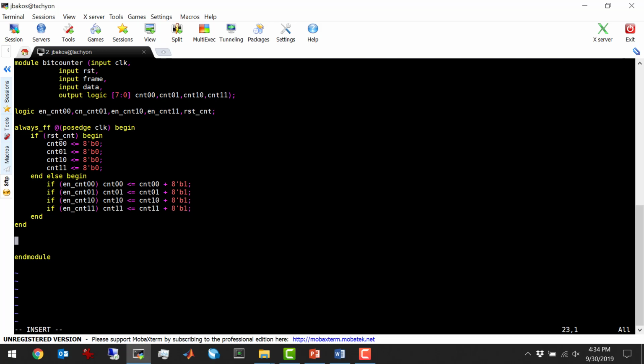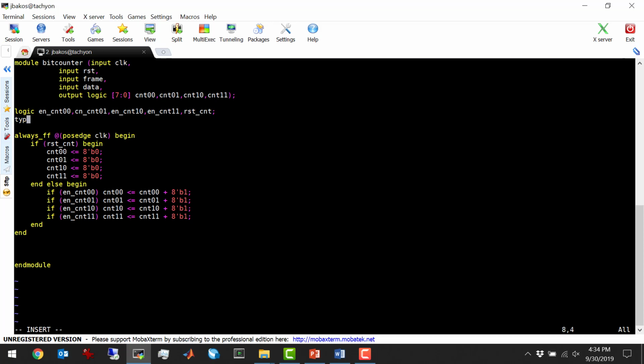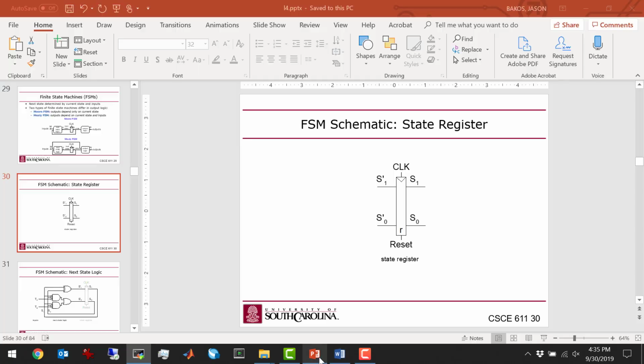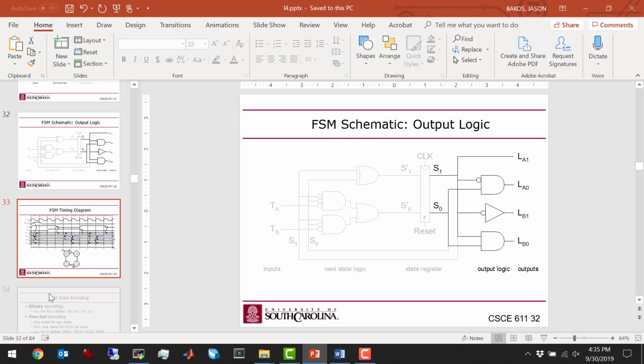Okay, so first thing is I need a state type. So typedef enum logic. How many bits do I need for how many states do I have here? 1, 2, 3, 4, 5, 6, 7, 8. Oh, good. So 3 bits, so 2 down to 0. State type, and then, sorry, I have to go and check. I always forget the syntax for that.